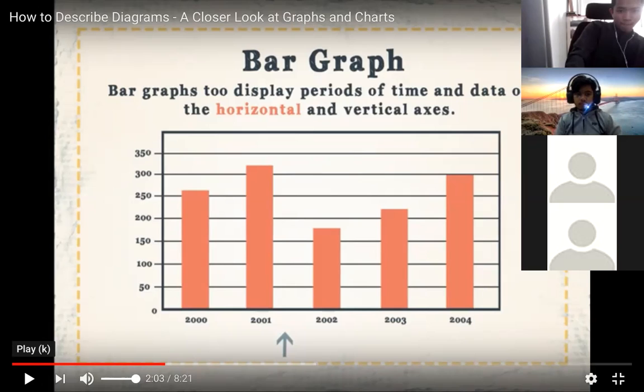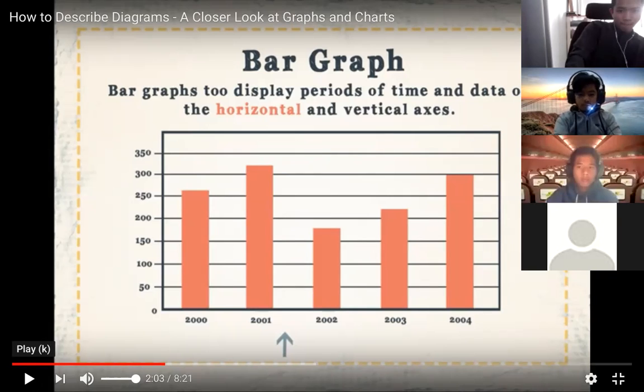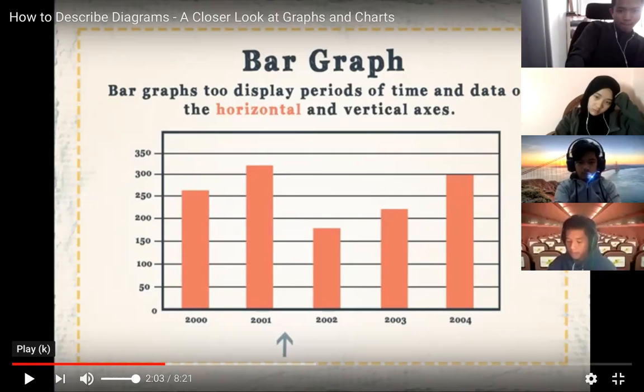Okay. So group 2 next. Remind me again. Ruby's group. Is Ruby there? I'm Nuren, but I'm representing Ruby's group. We have 4 bar graphs and 4 pie charts.